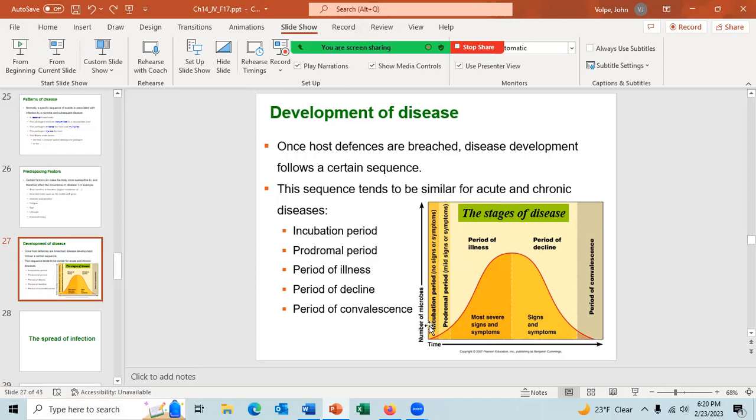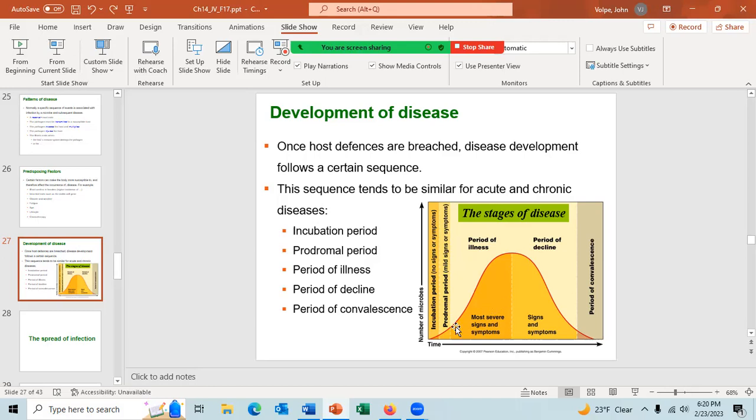In the incubation period and the prodromal period, the immune system has not responded yet, and so it's not acting. And this is something we find in adults, and it's probably something that evolved with humans to make the disease less likely to spread from the adult to the adult's children.